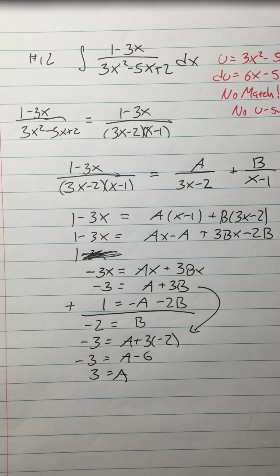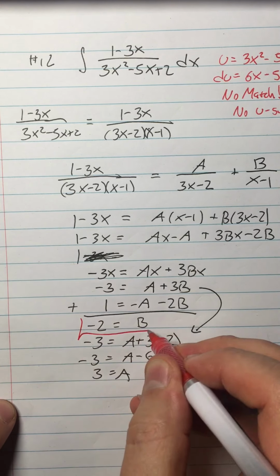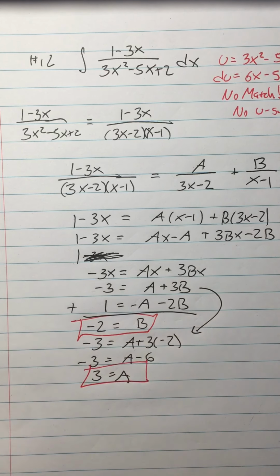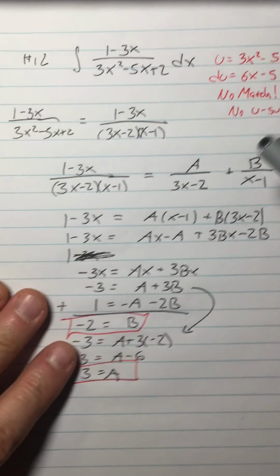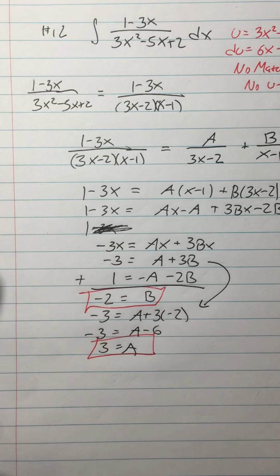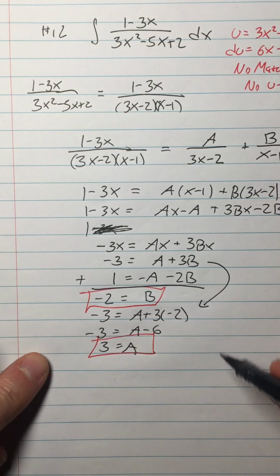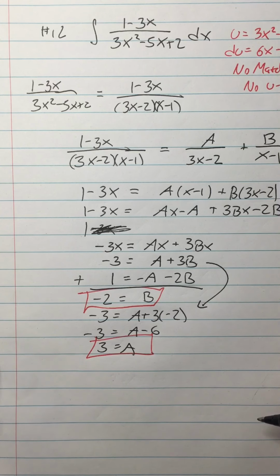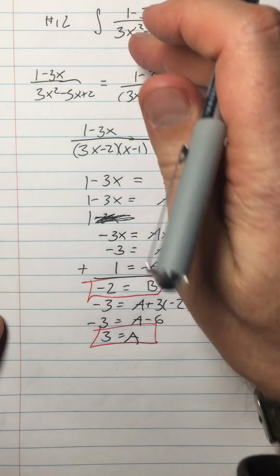So now what I know is that B is negative 2 and A is 3. I'm going to use those with these expressions up here. Now that I've worked out finding the A and the B as separate scratch work, I'm going to come back and work with the integral.